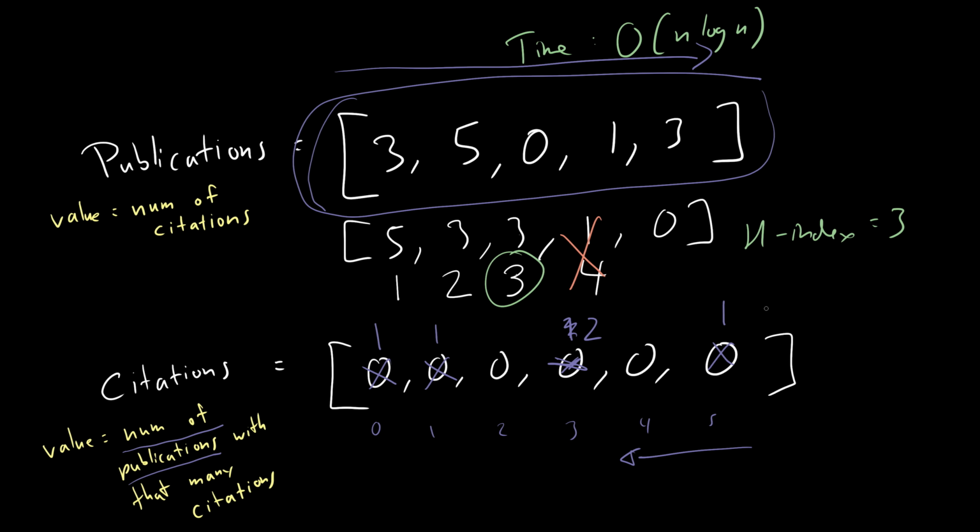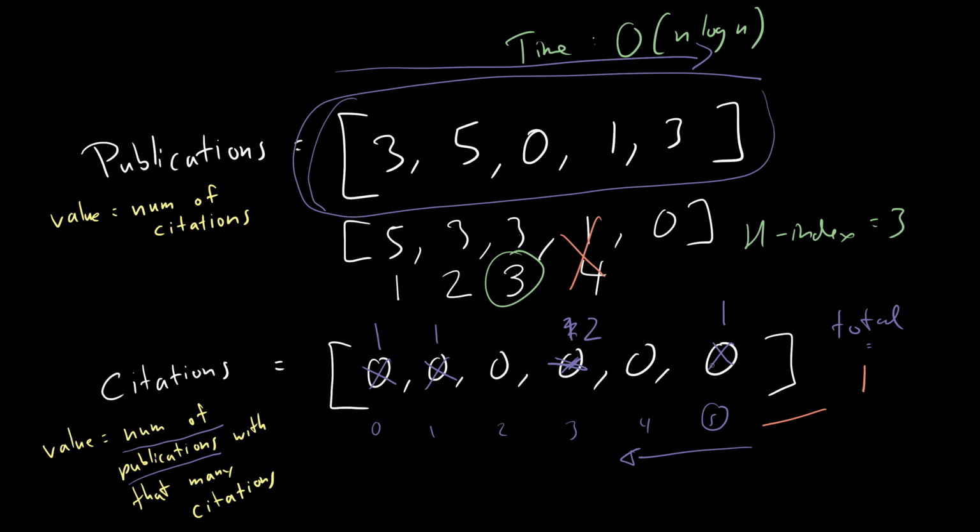So what you can do is keep a counter called maybe total. That's the total amount of citations. And what you're going to do is keep count of all the values until the total is bigger or equal to the index that you're at. So for example, right now the total is 0, and then now it becomes 1. So is that bigger than 5?